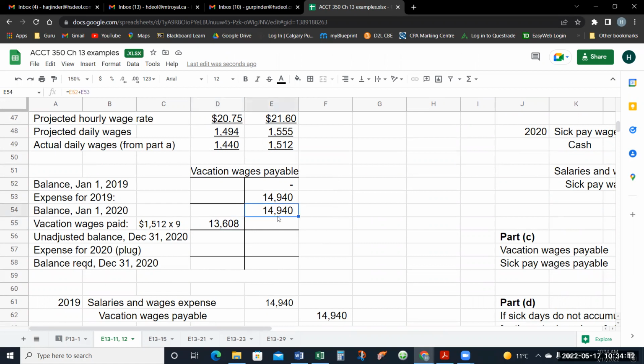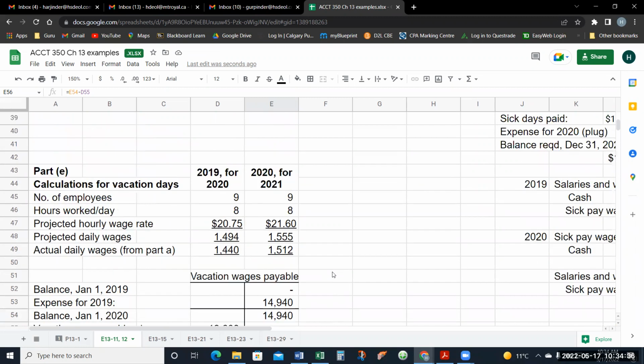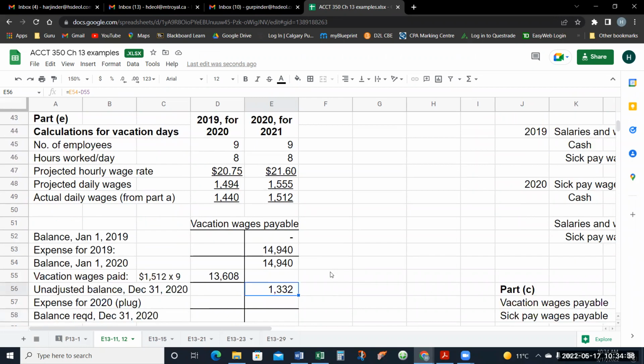14,940 was the liability. We've already paid out 13,608. So we get an unadjusted balance on December 31st, 2020, amounting to $1,332. Now, the balance that the company requires at the end of 2020 is for 10 days vacation entitlement, calculated using 1,555.